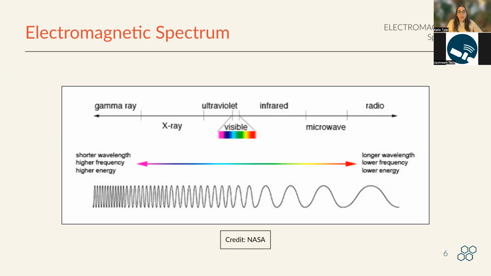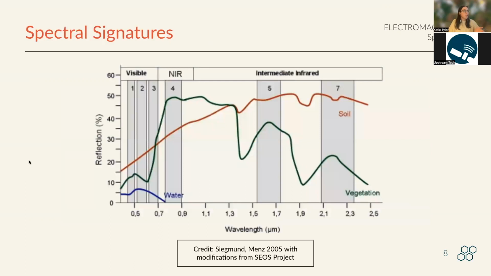Similarly, with vegetation, it has the highest reflectance in the green area of the wavelengths and absorbs other wavelengths more. So that's why it appears green to us, because it has the highest reflectance in the green area of the electromagnetic spectrum. So this idea can be extrapolated a little bit to the concept of spectral signatures.